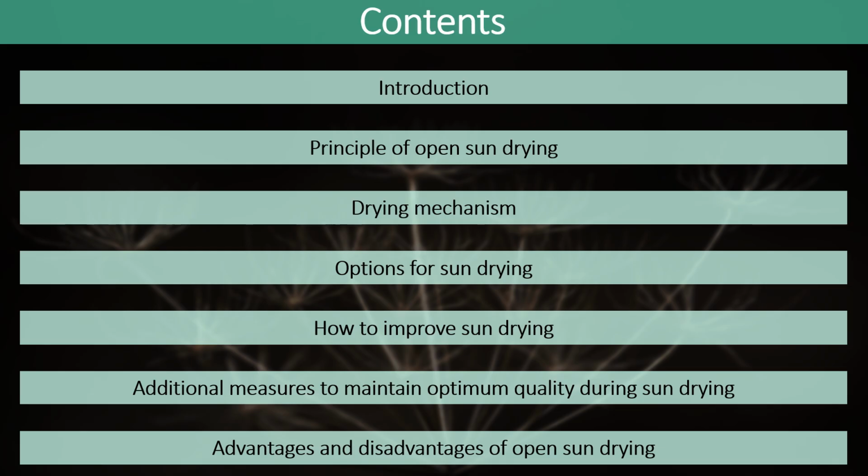First, I will briefly introduce the principle behind sun drying, then the science involved in open sun drying, then the drying mechanism, then how open sun drying takes place, then the various options of sun drying. Then how to improve sun drying, because, as we will see in the coming sections, sun drying is a very slow process and your food also gets contaminated, and we can improve it by using some techniques.